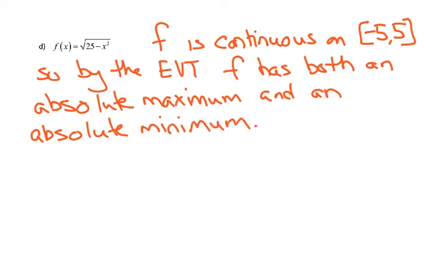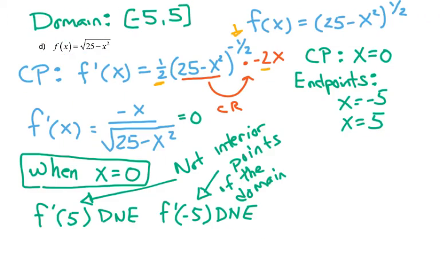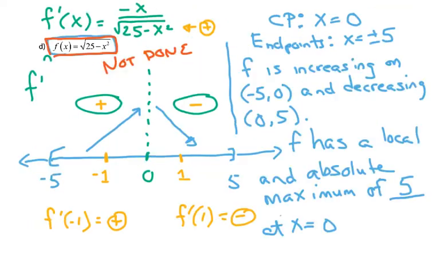So we found the absolute max. How do you think we're going to find the absolute minimum? We're going to test the endpoints and see what happens there. Because remember, we said we were going to do that. We got to check the critical point and the endpoints.